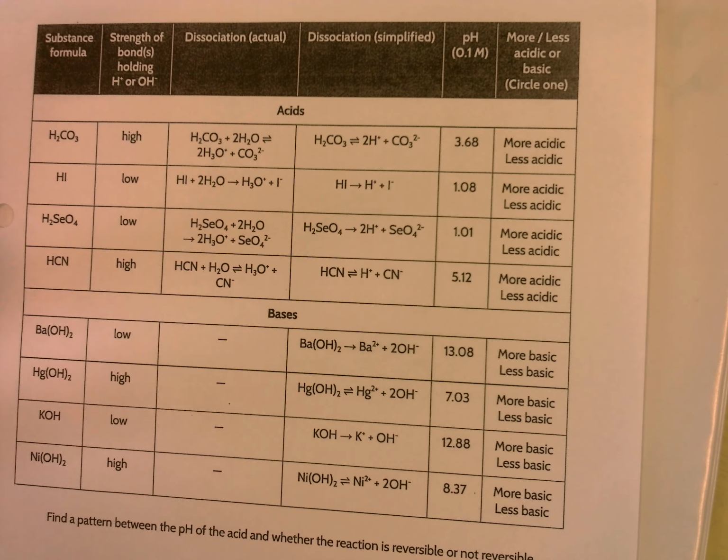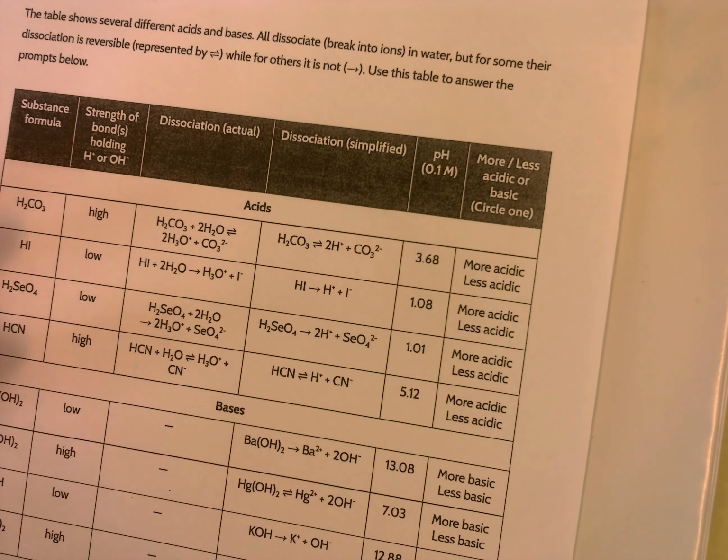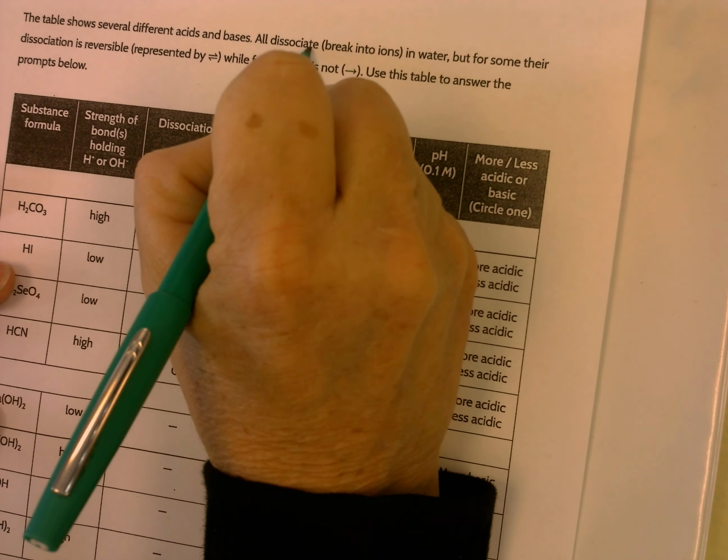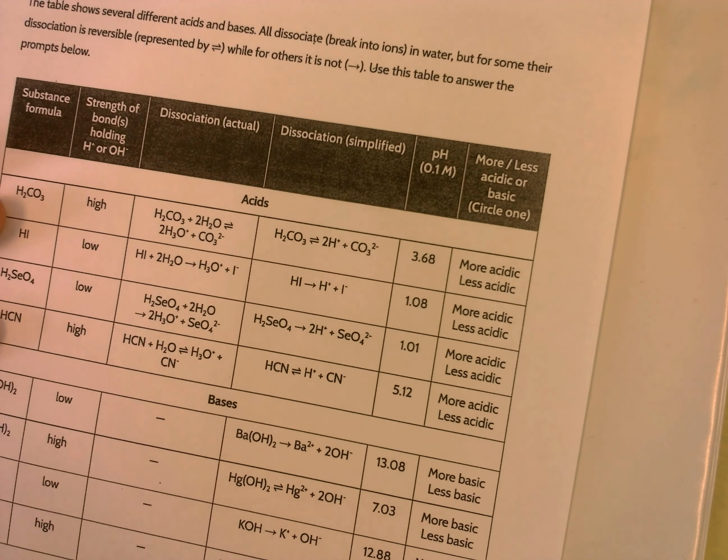Okay, so the table shows several different acids and bases. All dissociate, and remember, dissociate means break into ions. Dissolve, break apart from each other in water.